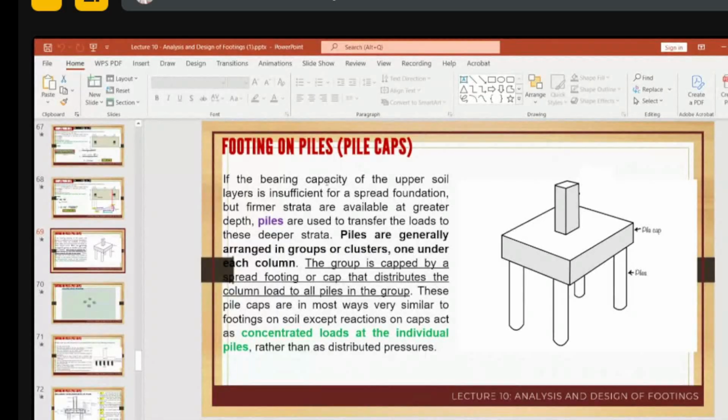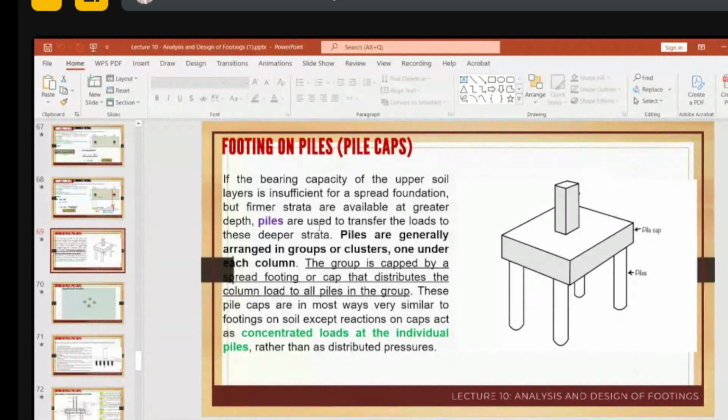Usually, if the bearing capacity of the upper soil layer is insufficient for a spread foundation, we need a deep foundation. So piles become our foundation, because we need to reach a deeper strata of soil underneath.